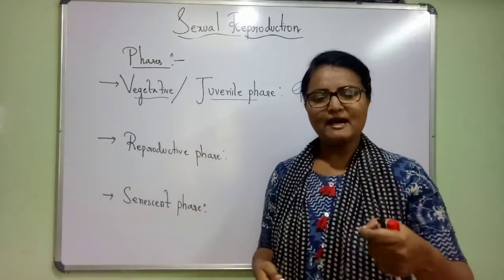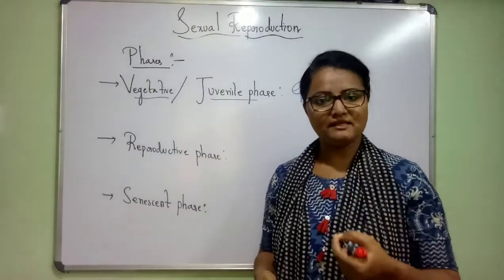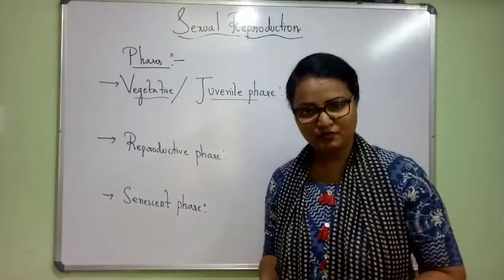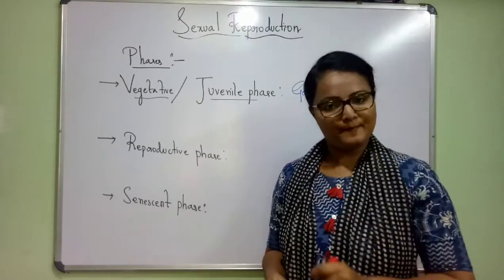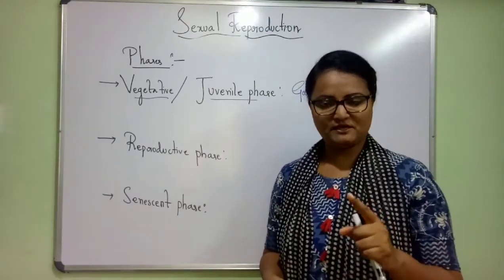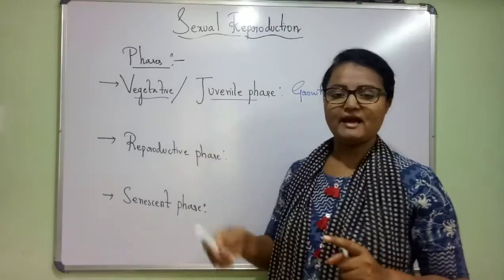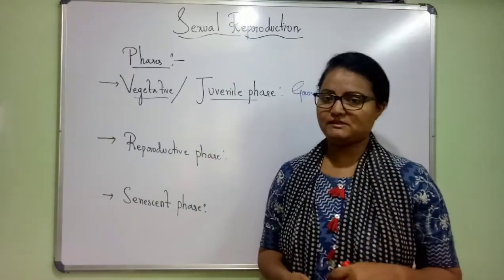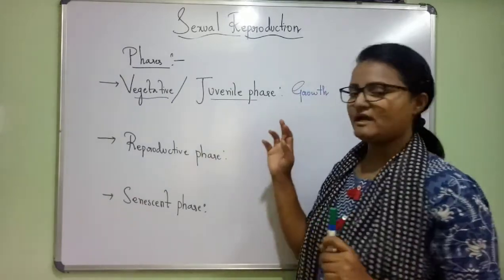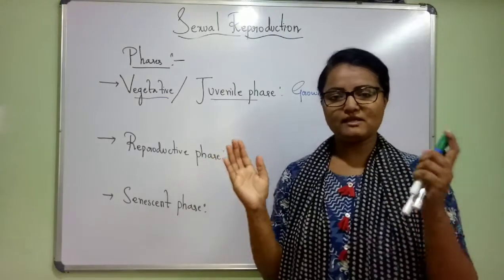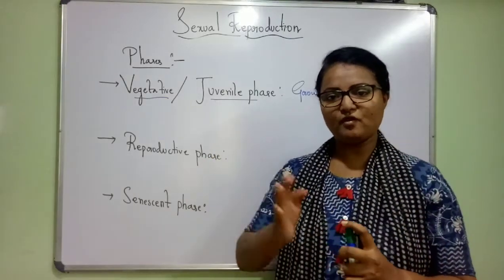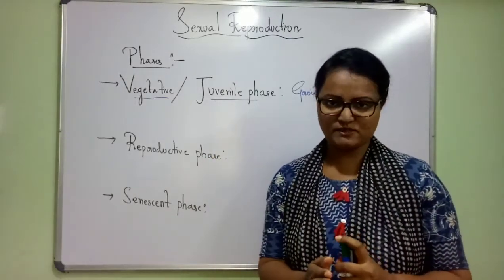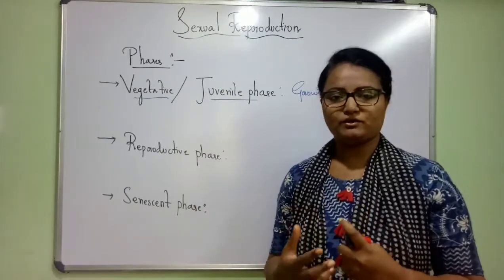When we talk about a plant's first life phase, we should say vegetative. Vegetative represents plants, whereas juvenile indicates animals. This phase comes between birth and before the maturation process. That is the growth phase.